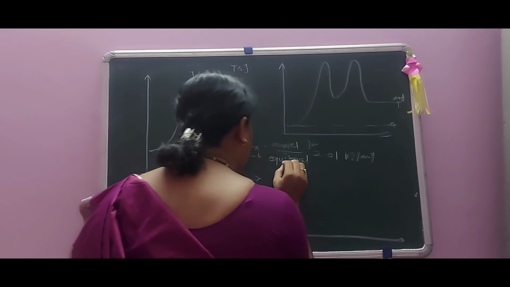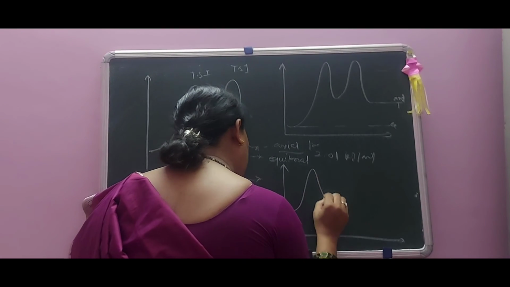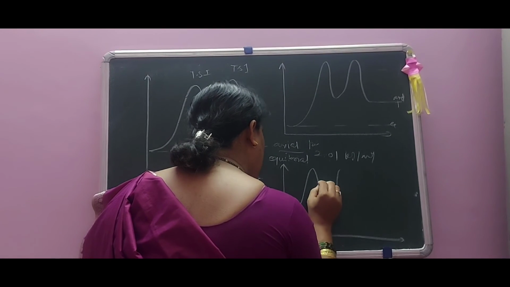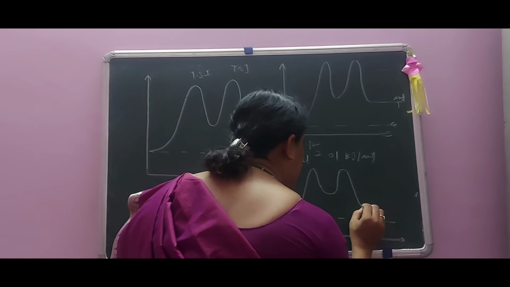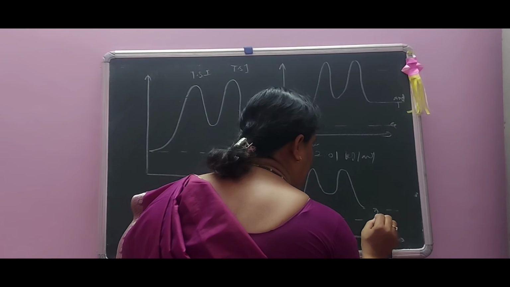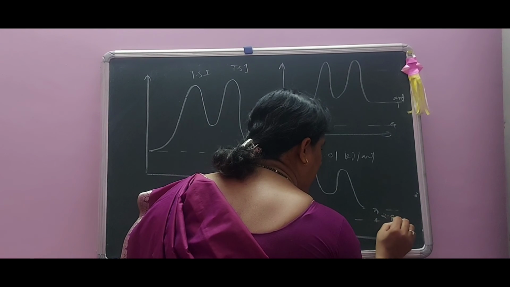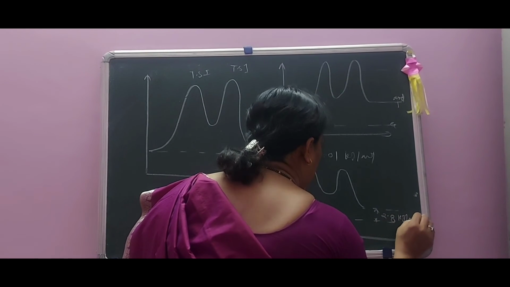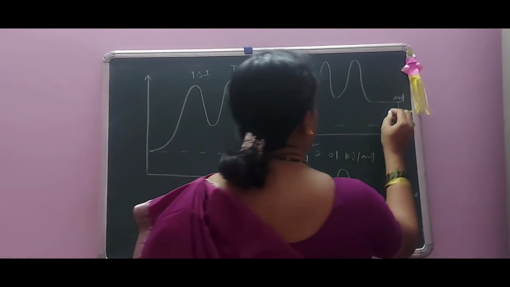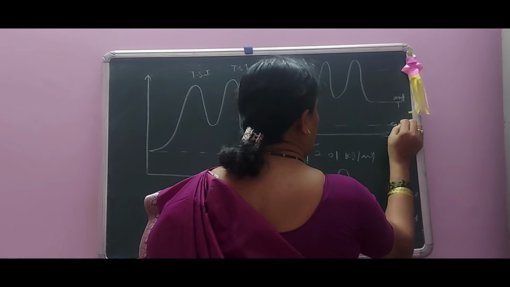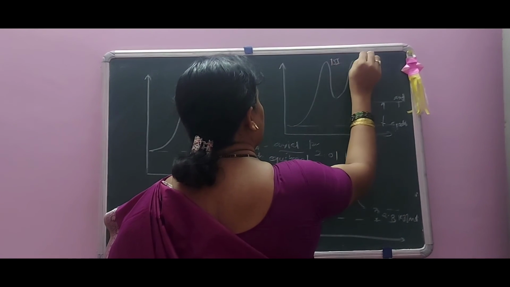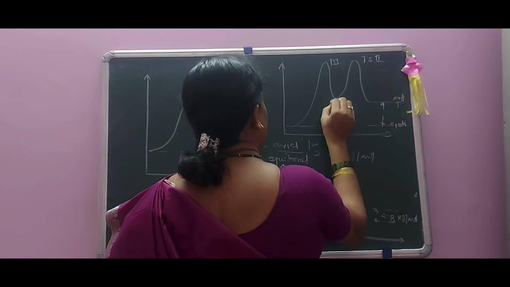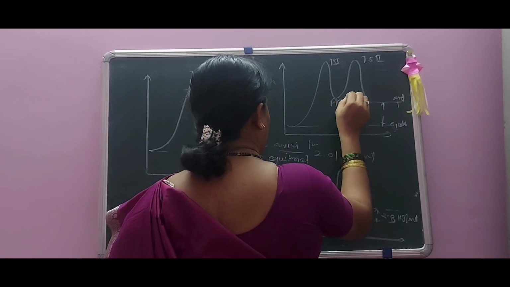Again I am drawing here this difference, and this difference is 2.8 kilojoule per mole. Here axial and here equatorial. The difference is due to TS1, TS2, and here the flexible boat form.